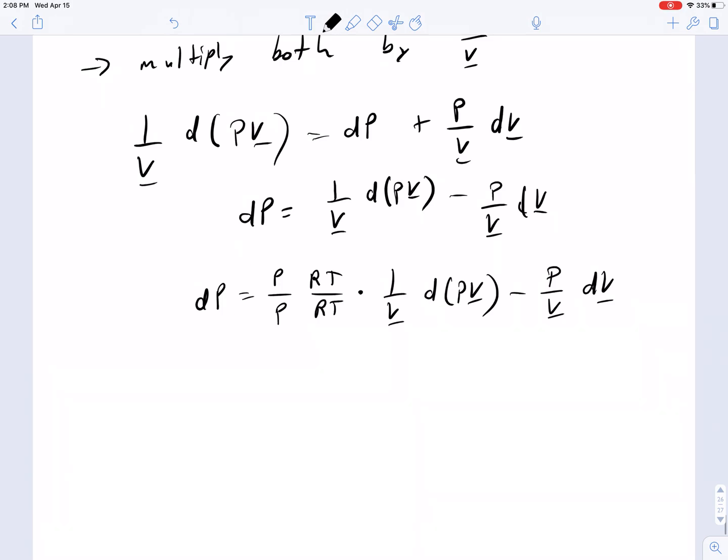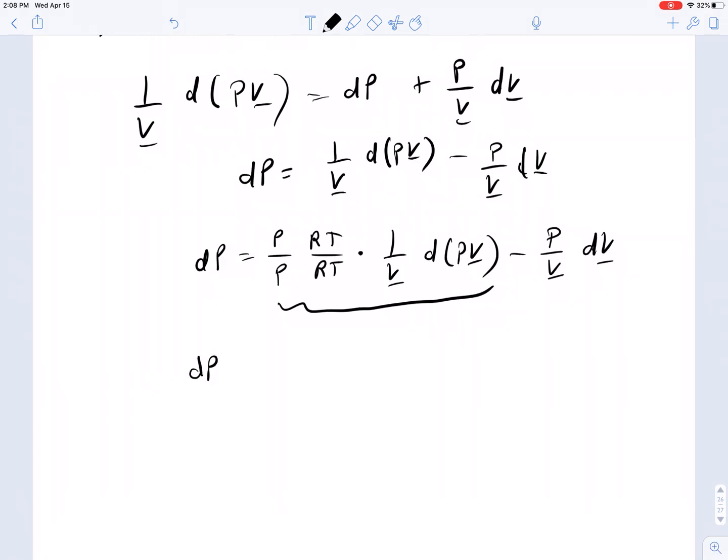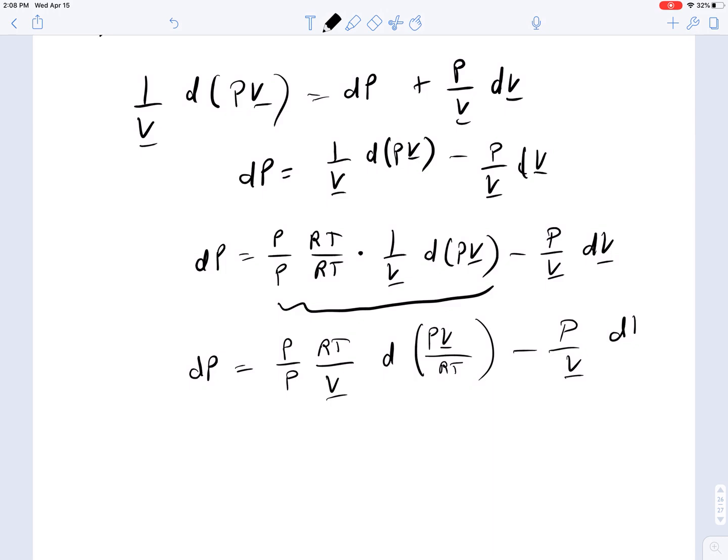Because we have pressure and volume related, we're just going to do a little bit of rearranging of this side of the equation and rewrite this as dP equals P over P times RT over V under bar d of PV over RT. Remember, T is a constant here, so we can do this. Minus P over V under bar dV under bar.